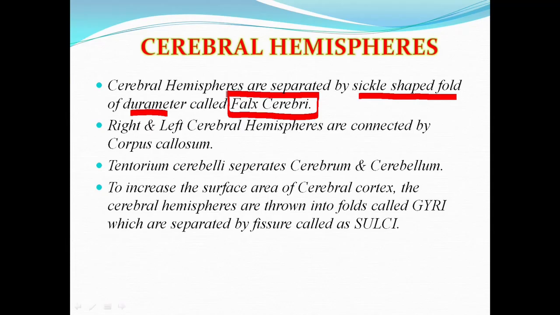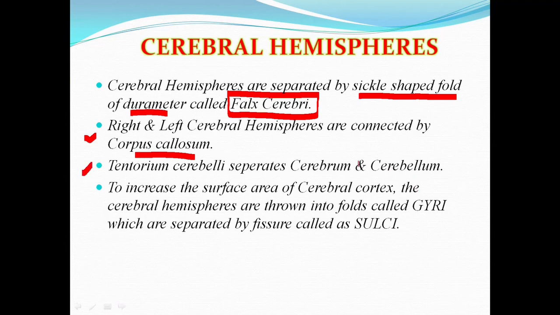Among the dural folds, falx cerebri, falx cerebelli, and tentorium cerebelli, you have studied all of these. Here the cerebral hemispheres are separated by the falx cerebri. As said, the right and left cerebral hemispheres are connected by the corpus callosum.